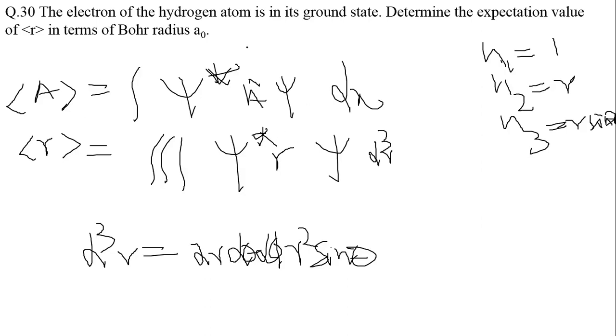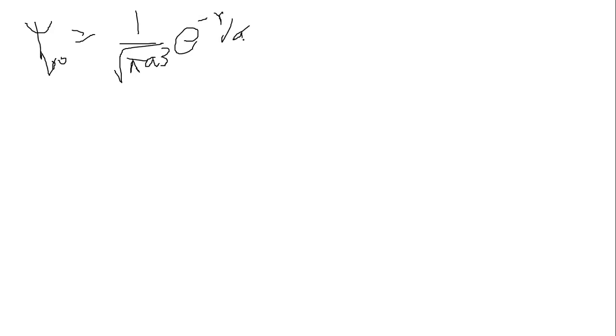So when you put all these values, since it is given the electron of the hydrogen atom is in its ground state, the wave function will be the ground state wave function. For the ground state, the value of n is 1, l is 0, and m is 0. So the wave function will be psi 100. In the first question of today's session, we had discussed the wave function of 100 is 1 by root over pi a0 cube, exponential minus r by a0.